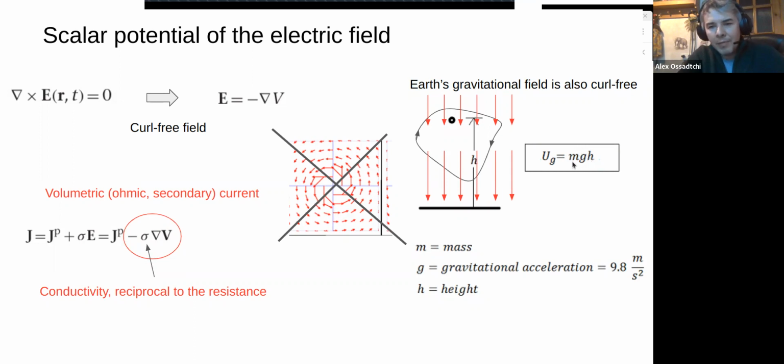Here m is a mass, and in the electric case it's a charge. Gravitational field acts on a mass. Electric field acts on a charge. In order to compute the force with which the electric field acts on a charge, you have got to multiply the charge by the field, right?